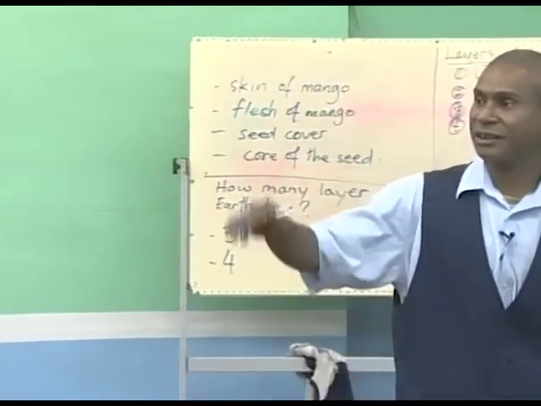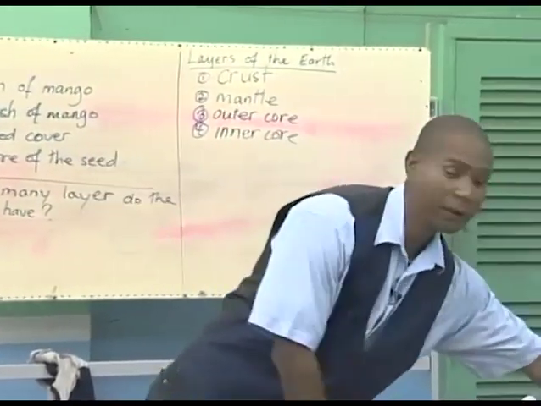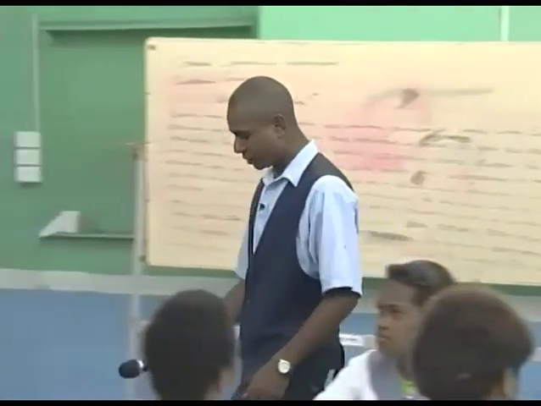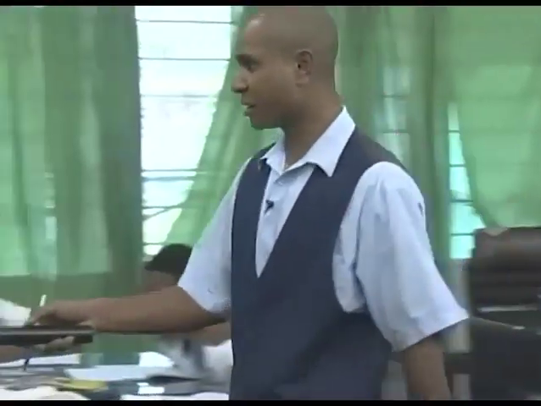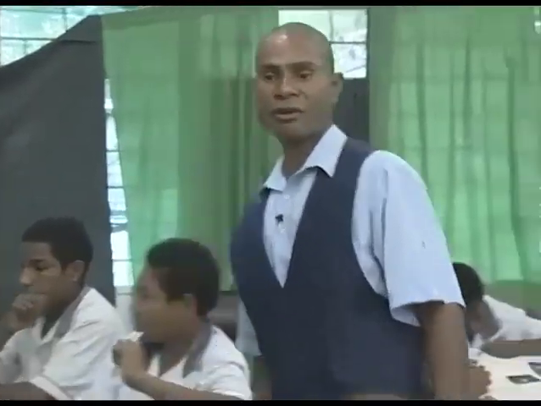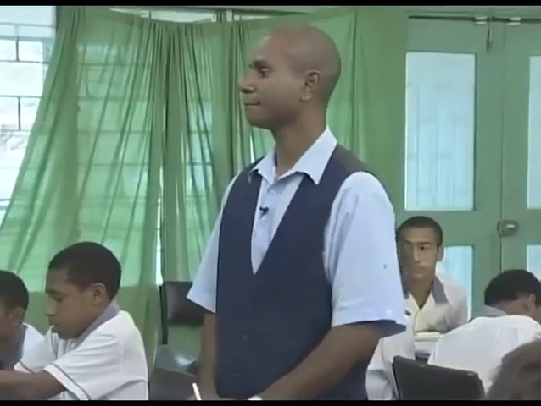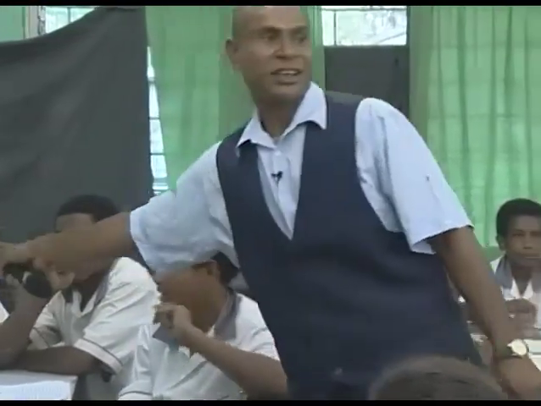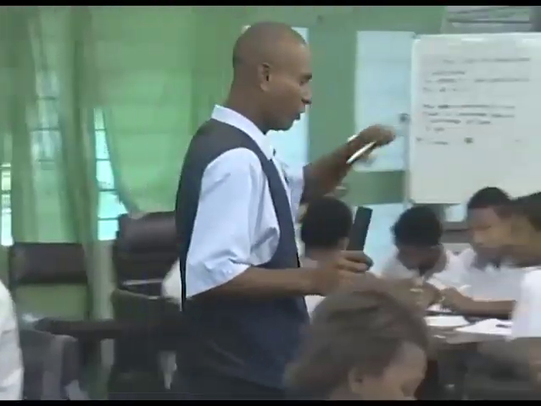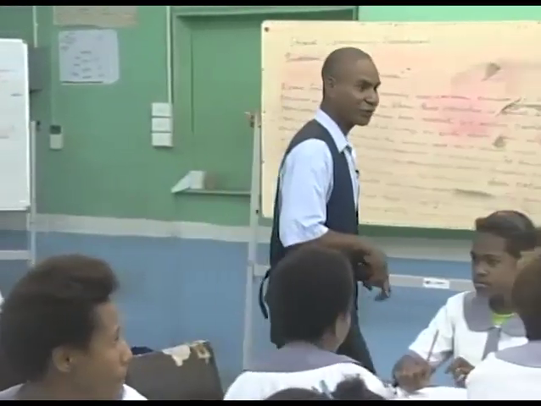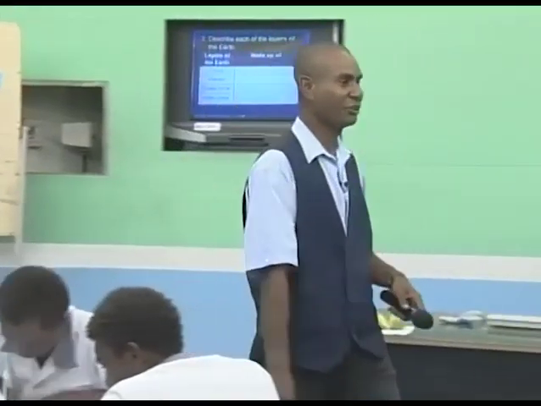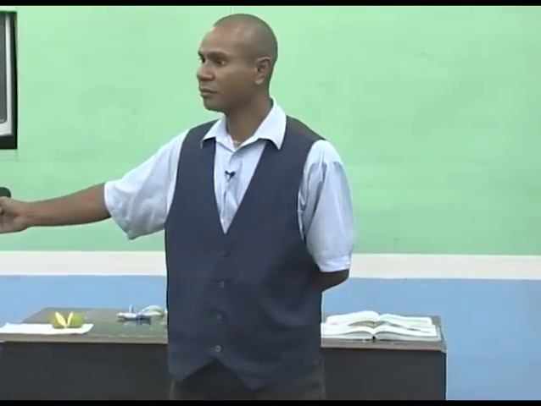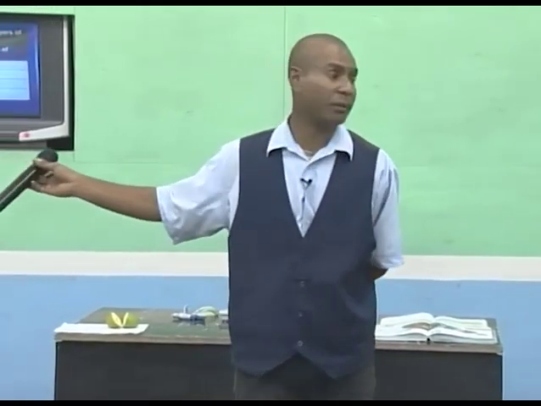One part of the layer of the crust is made of solid rocks. What else? Made up of soil. Yes, a very thin layer of soil on the crust, which we use to make our gardens and walk on. But the whole layer is made of very solid rock, most of it.